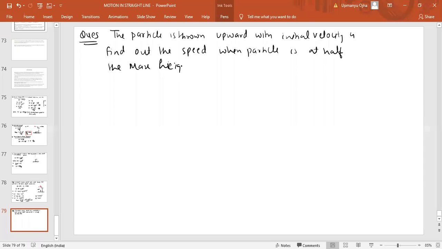Can you find this? A particle is thrown upward with initial velocity u. Find out the speed when it is at half the maximum height.